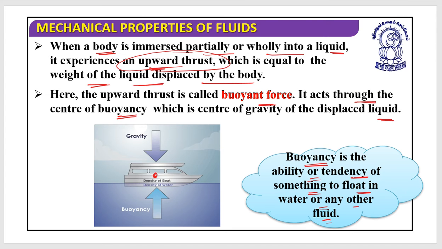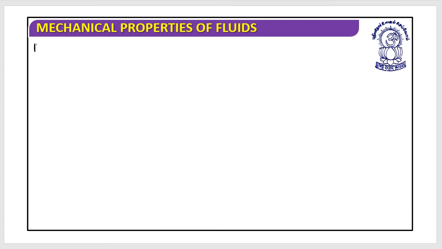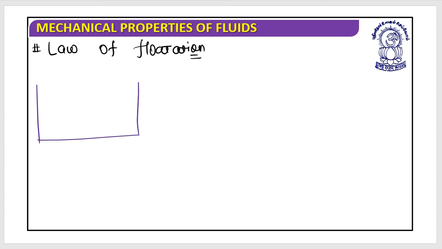So now, whatever we know from this, we have the capability to understand this law, which we call the law of flotation. Let's understand it in a very clear-cut approach, because this will help us solve our numericals.